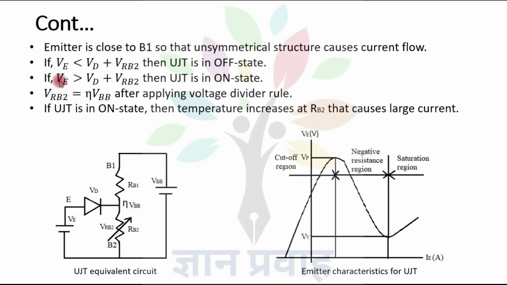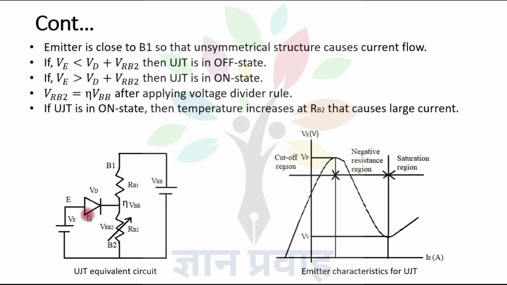The operation of UJT is explained here. If VE is less than VD plus eta VBB, VD is nothing but the voltage across this PN junction diode. Normally, if the PN junction diode is made of silicon material, then VD is 0.7 volt.